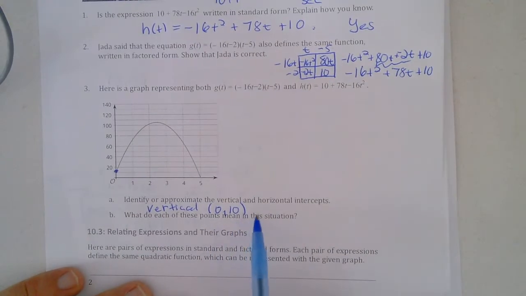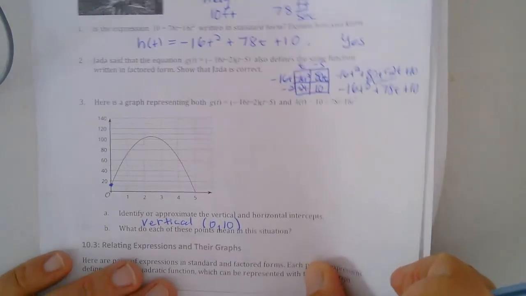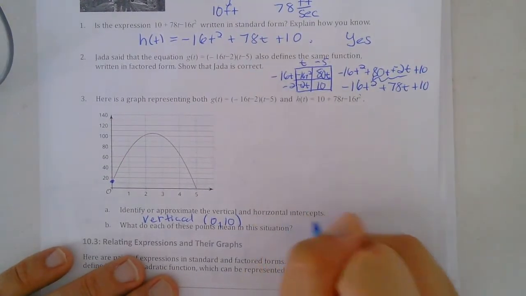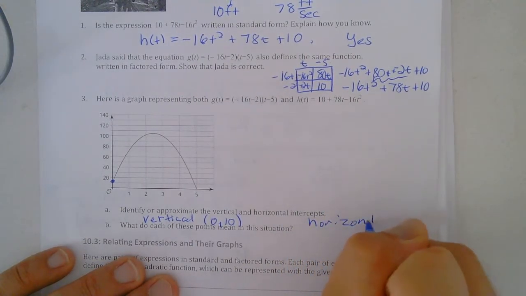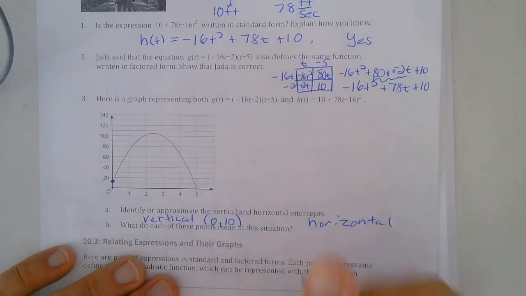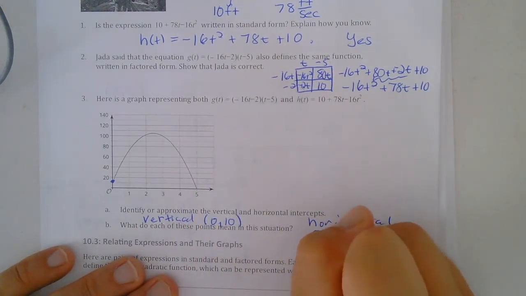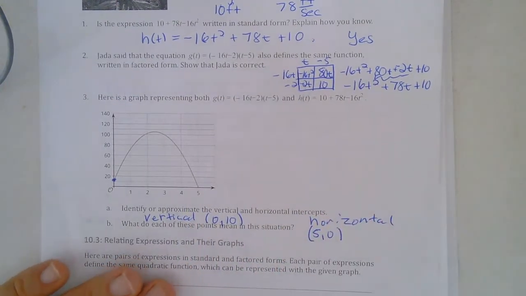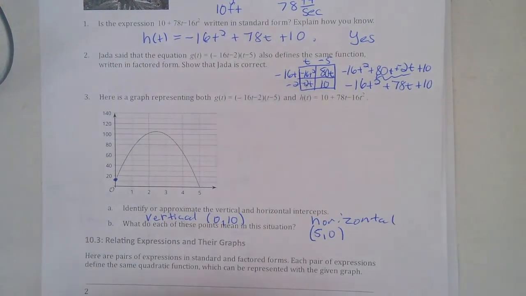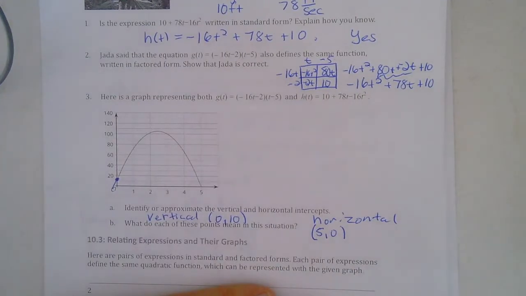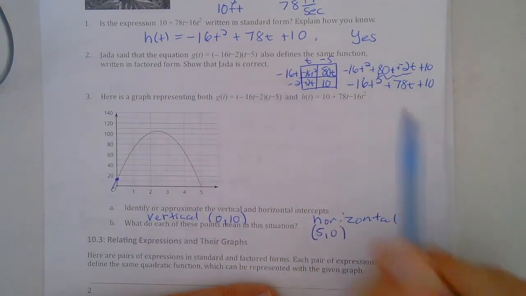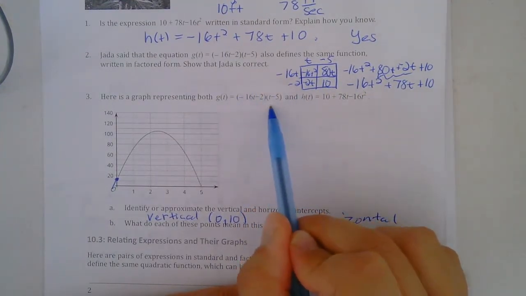And then our horizontal intercepts. We have, it looks like, 2 of them. We have one at 5 for x and 0 for y. And our other one is going to be back here when it's negative. And we can solve that actually. It would come from the factored form, which is right here.